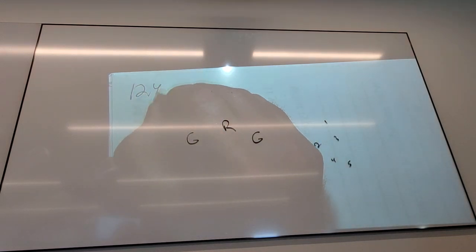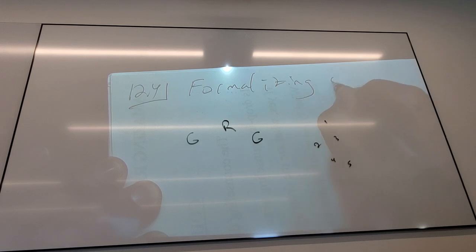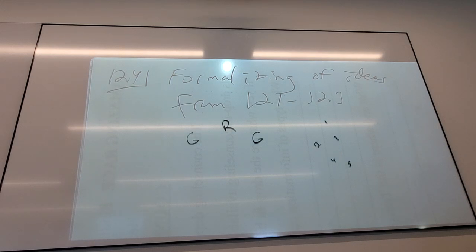So 12.4, we're going to do some formalizing of ideas from 12.1 through 12.3. I kind of not warned you, but told you we were going to do this. 12.1 through 12.3 is exploring, drawing, folding. Now we're going to get to the real mathematical part of geometry, which is normally what people don't want to do, but we'll see.